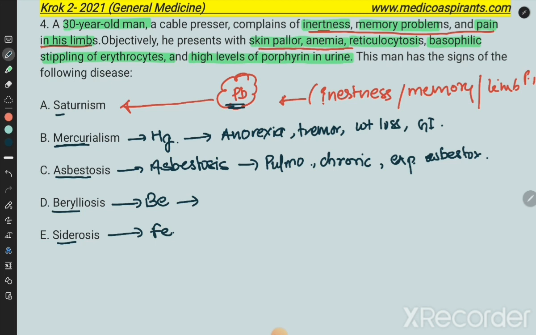What stands for beryllium? Beryllium is also a chronic disease. Most of them are actually chronic. This is actually an allergic type, and here the patient will have chronic lung disease following exposure to beryllium, secondary to pulmonary complications with allergy to the beryllium.